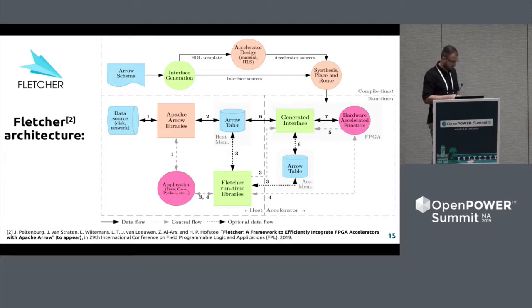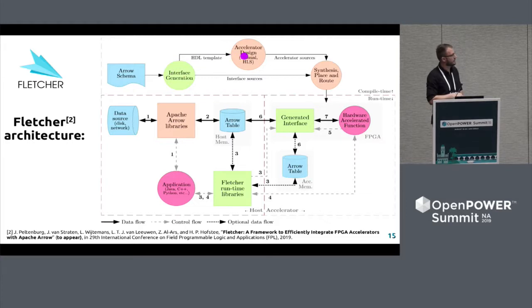And so eventually we came up with the whole Fletcher architecture like this. So what you do as a developer during compilation time, the top of this figure, is you start with the Arrow schema, you throw this in a thing that I will explain later, which is our interface generation tool. Then you get an HDL template, or work is being done on HLS templates, and you get interface sources.